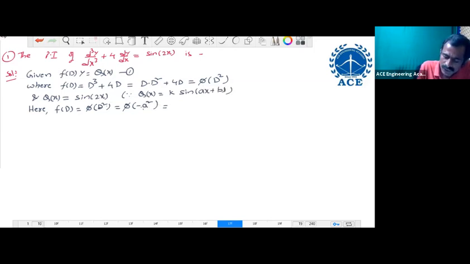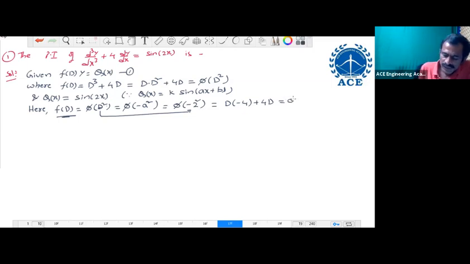A square is 2 square, minus a square is minus 2 square. So in f of D, in place of D square, write minus 4. That is D into minus 4 plus 4D, minus 4D plus 4D, which is 0.